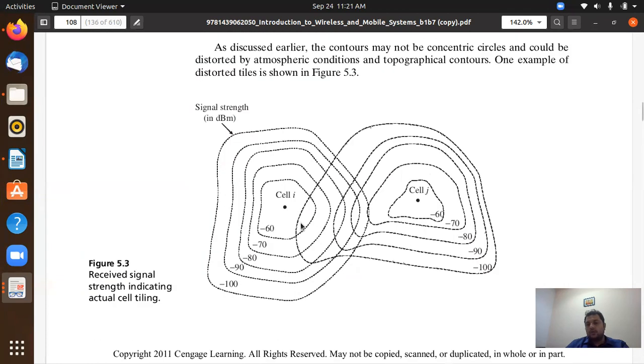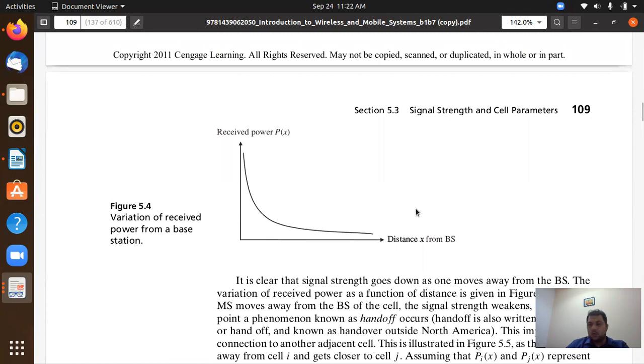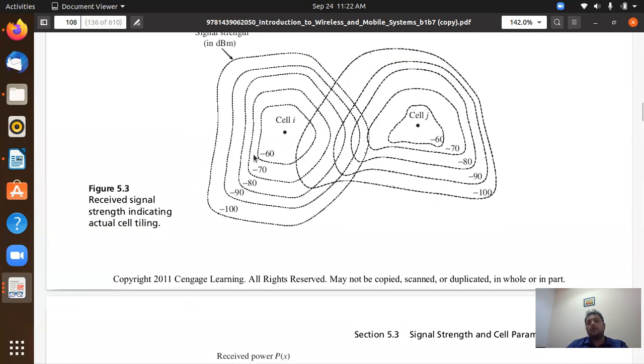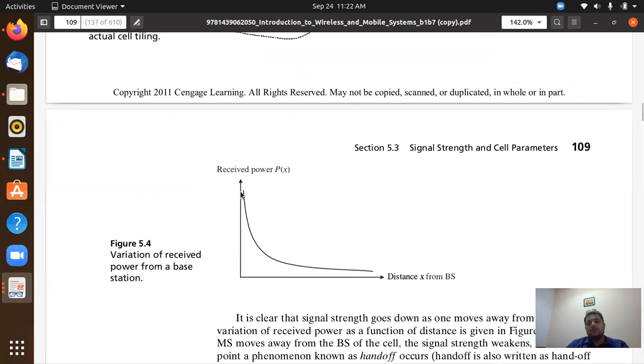But as we know, because of the attenuation and several other constraints, this is something which would be actual. So cell I and cell J. And as I have explained here also, as you go far, your signal would decay in terms of strength, and decay based on the distance is inverse to the square.